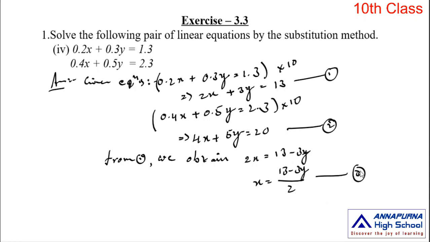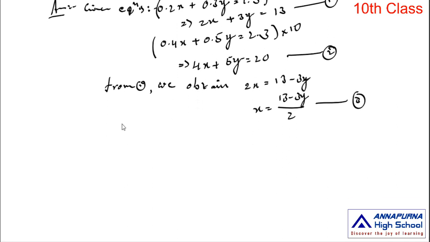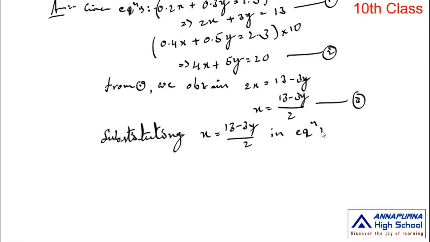So let us take this as the third equation, and substituting x is equal to (13 minus 3y) by 2 in equation 2. So here equation 2 is 4x plus 5y is equal to 20. So when I substitute this x value in equation 2, then 4 into (13 minus 3y) by 2 plus 5y is equal to 20.